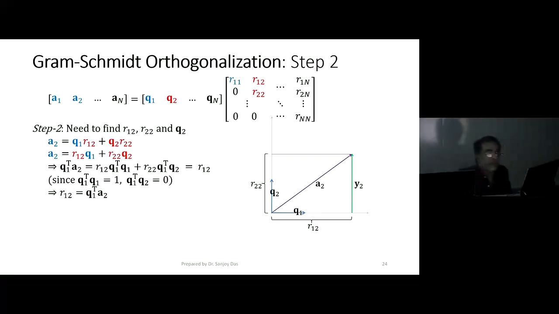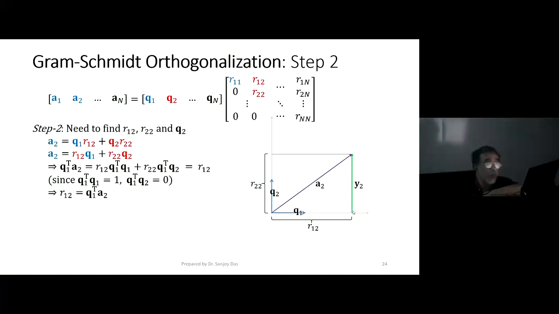Okay? Now how to find Q2? The projection of A2 along Q2 is R22 times Q2, correct? Okay, so now I have A2. So this is my A2, okay?